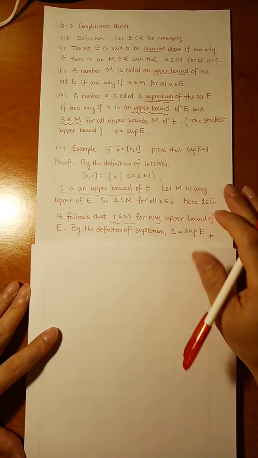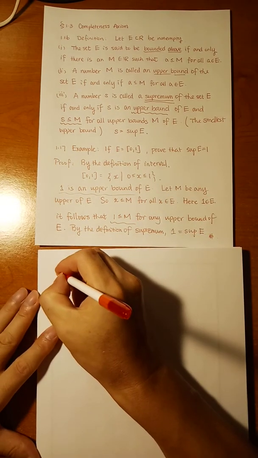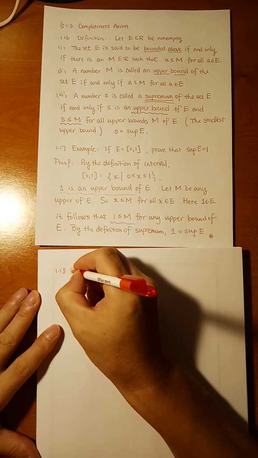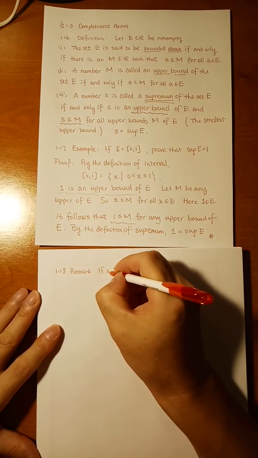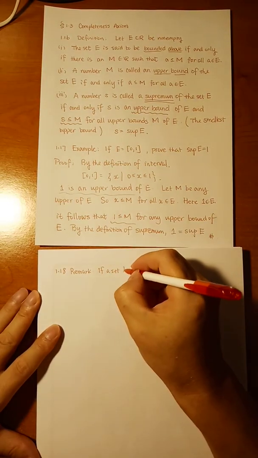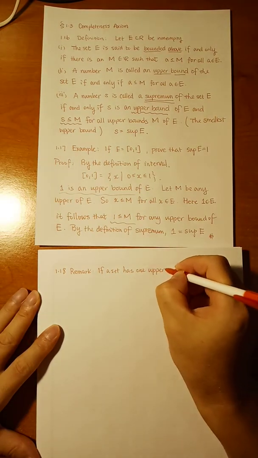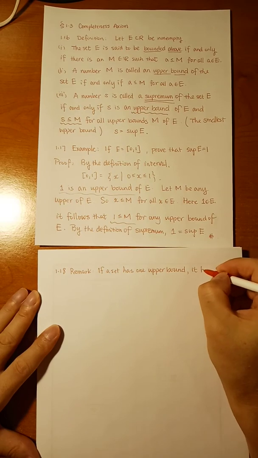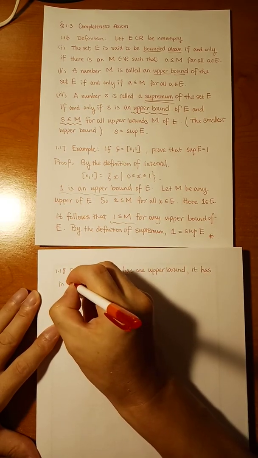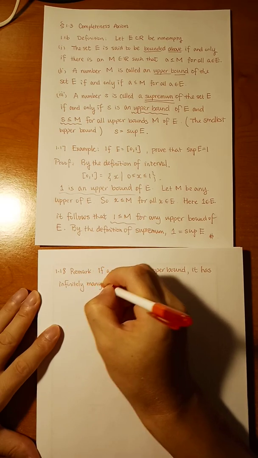And a set that has an upper bound can have infinitely many upper bounds. Why? If a set has one upper bound, it has infinitely many upper bounds.